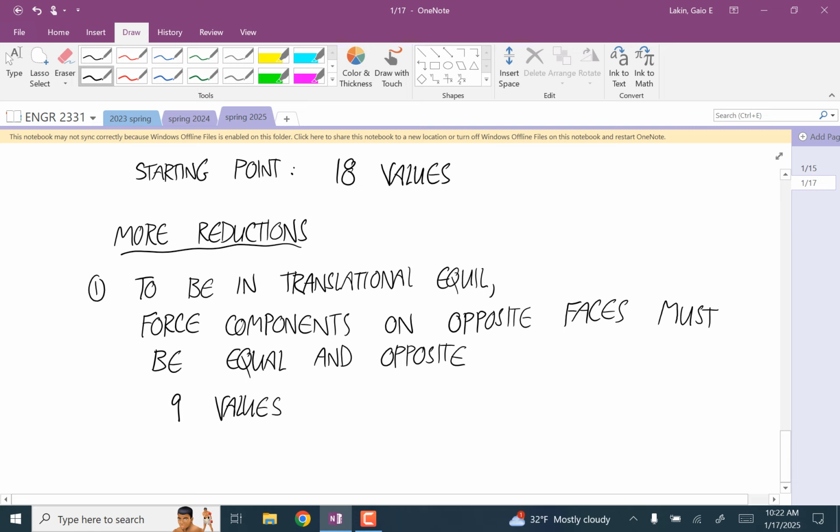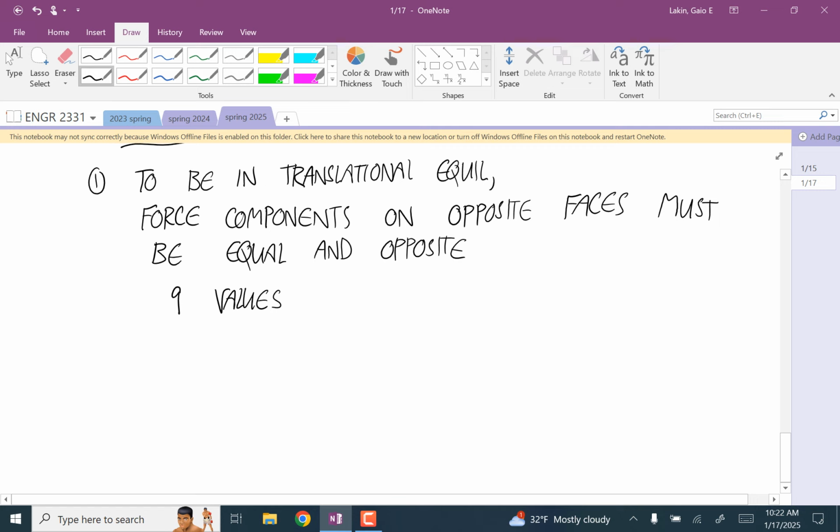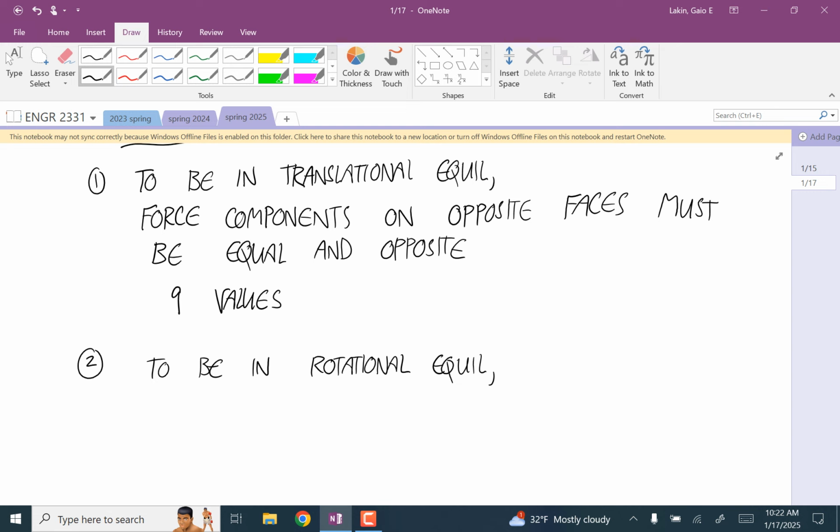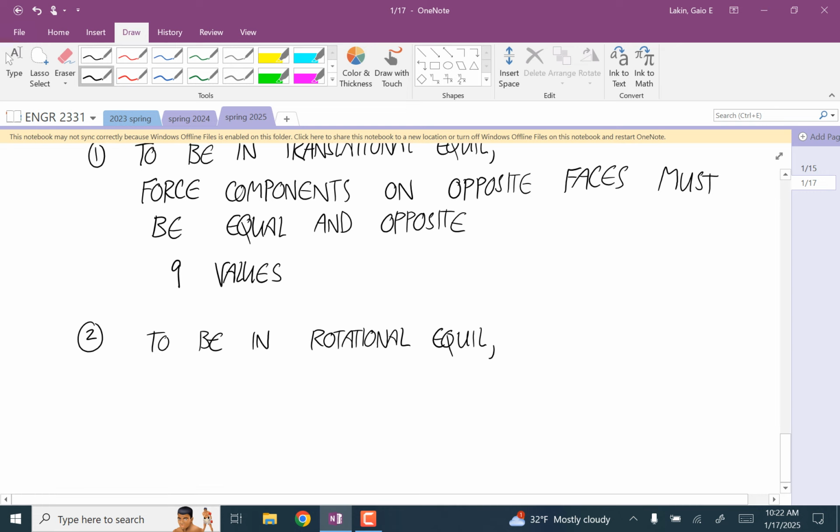And there's one more type of equilibrium we can require, rotational equilibrium. And what's required for this to be in rotational equilibrium?